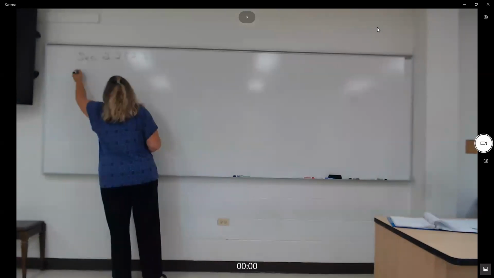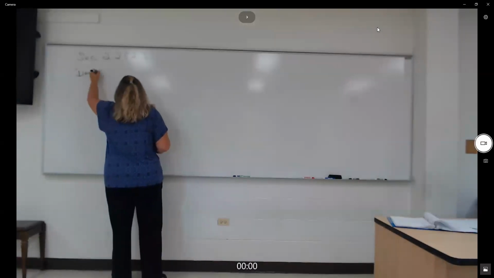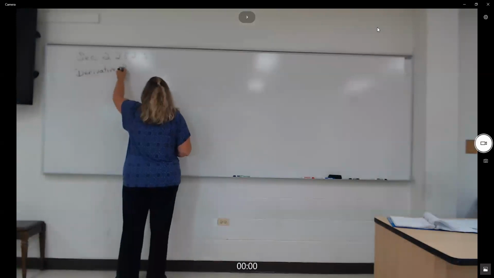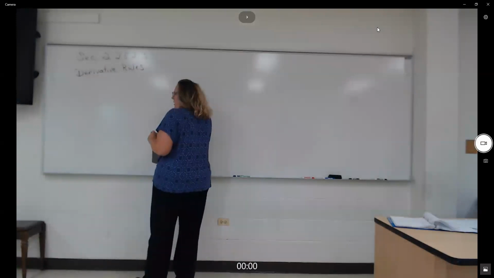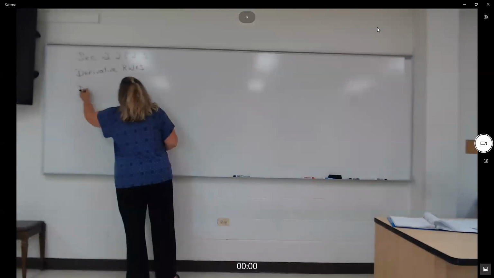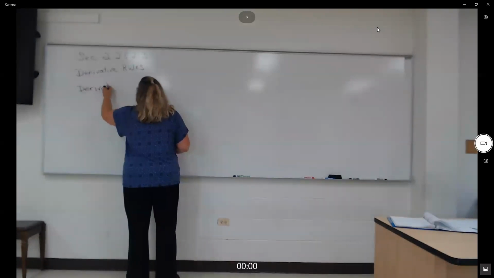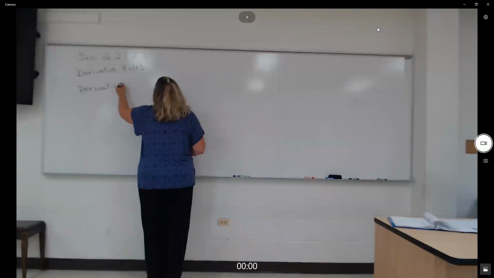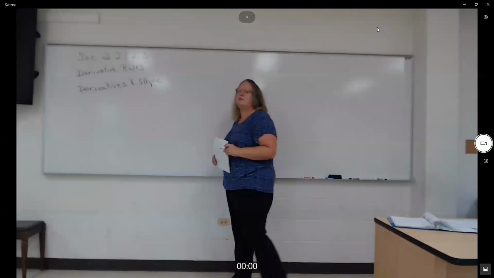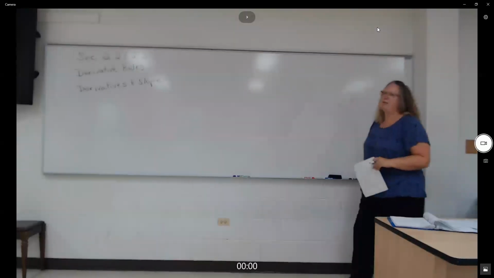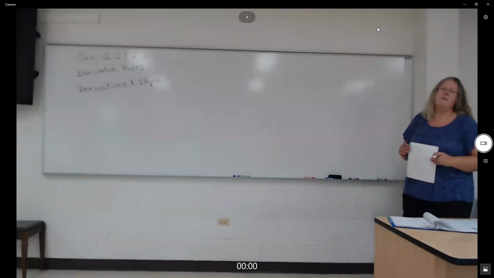We're going to talk about derivative rules, and then we're also going to talk about derivatives and slope. We know that derivatives find the slope. Those two things go together.